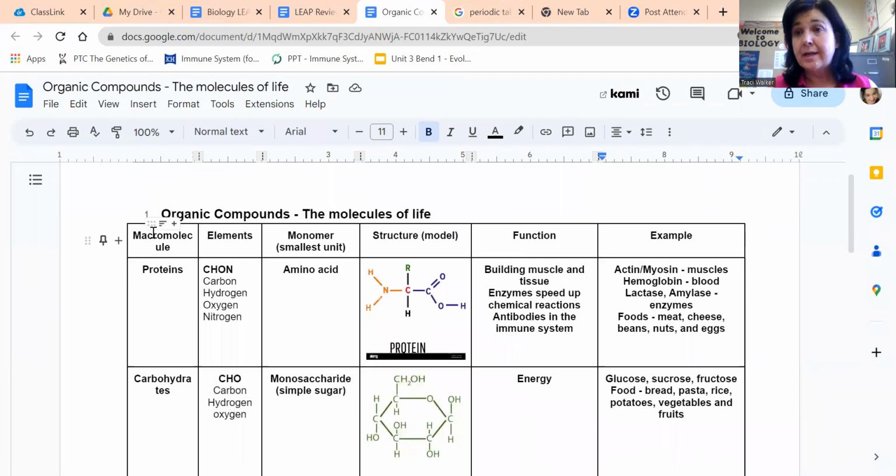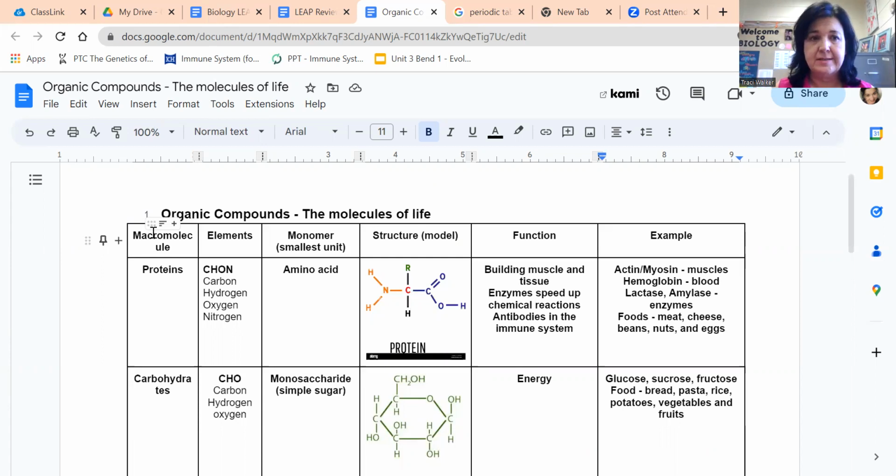Okay, so all 4 of these macromolecules or organic compounds are the molecules that make up living things. And when I'm talking about living things, I'm not just talking about humans and animals. I'm talking about plants. I'm talking about bacteria and fungi and other types of unicellular organisms like amoebas and things like that.